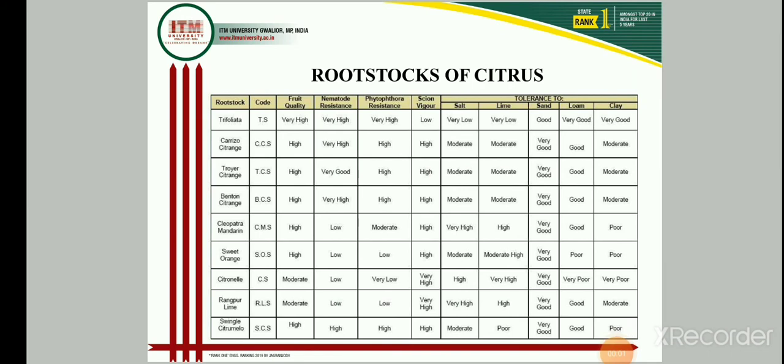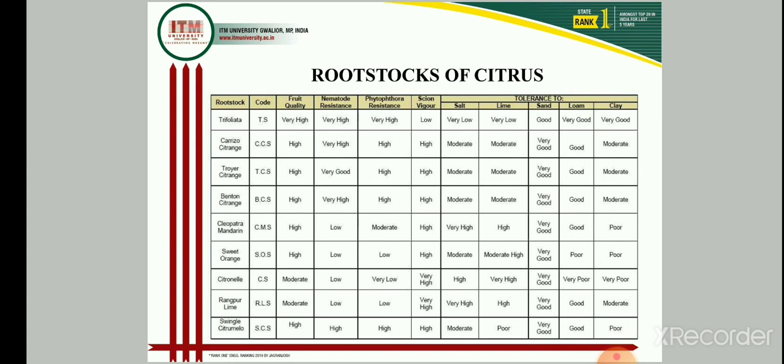A wide range of rootstocks has also been reported for citrus, which are being utilized for various purposes. Their characteristics in terms of tolerance, resistance, vigor, and fruit quality have been given in this table.